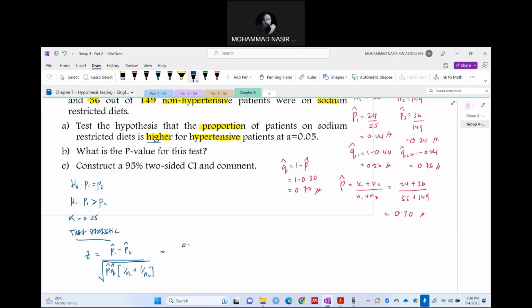So this one's 0.44 minus 0.24, divided by the square root of the grand P, 0.30, multiplied by 0.7, multiplied by 1 over 55 plus 1 over 149.